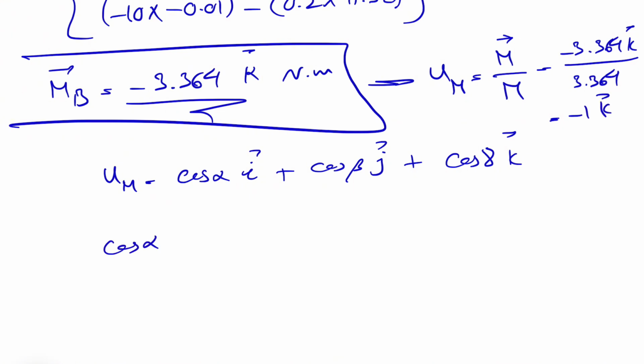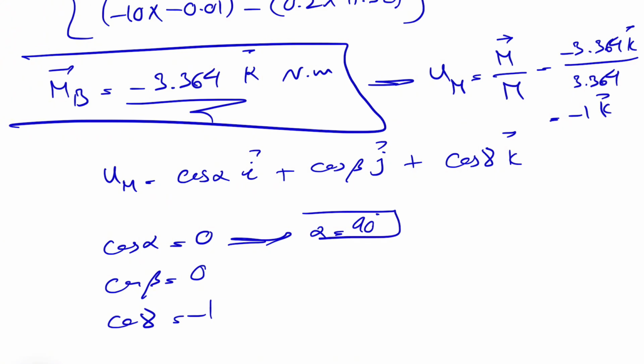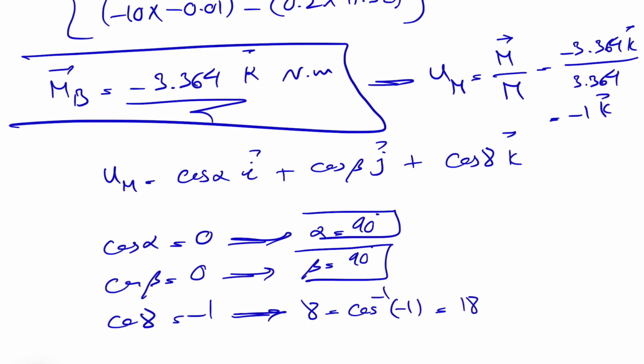That means cosine of alpha is 0, cosine of beta is 0, but cosine of gamma is minus 1. From here, we can figure out that alpha is 90 degrees, beta is 90 degrees, and for gamma we have to find the cosine inverse of minus 1, which will be 180 degrees. So these are the coordinate angles that we were asked to find.